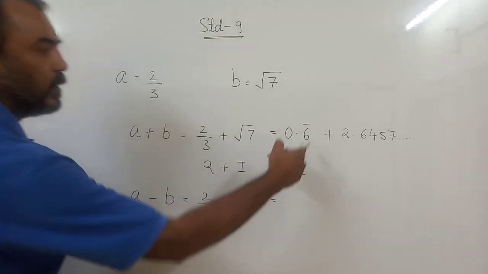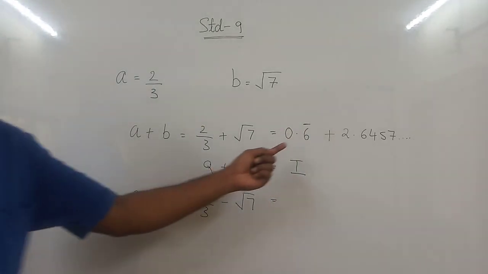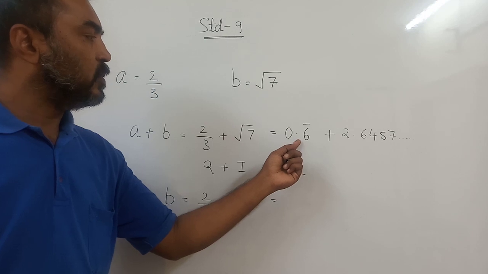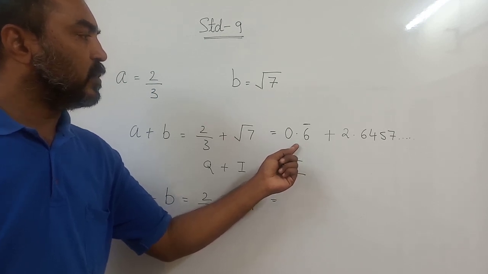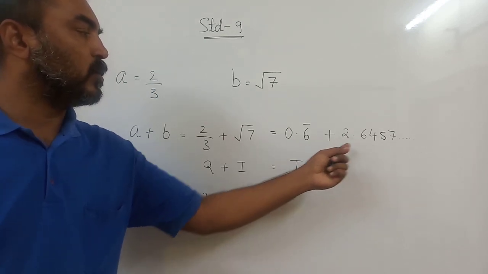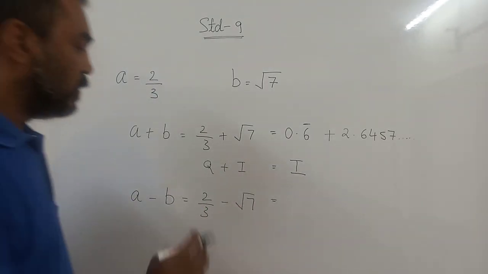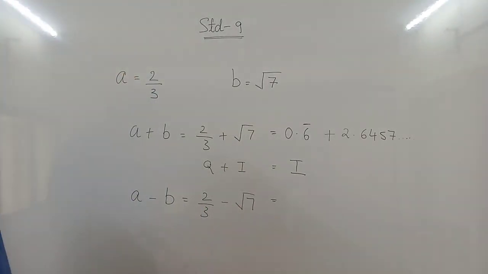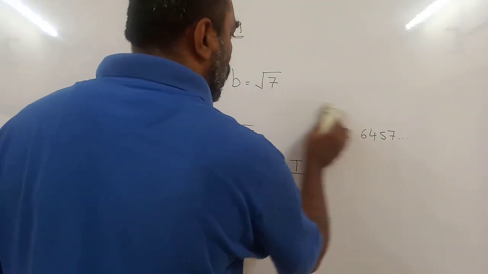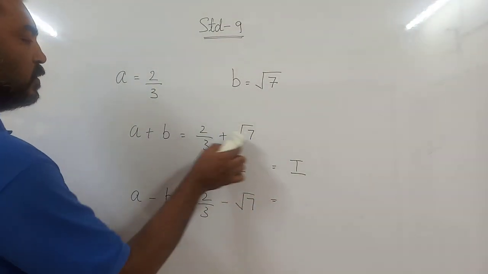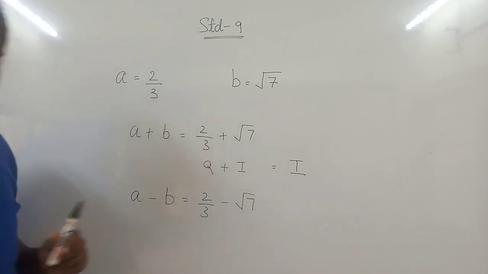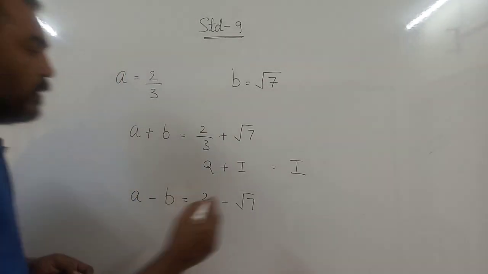Again you can see this is a rational number, a non-terminating recurring, but this is non-terminating non-recurring. This will also give me an irrational number. So we never solve these numbers. We only keep them in the irrational form. So this number is also an irrational number.